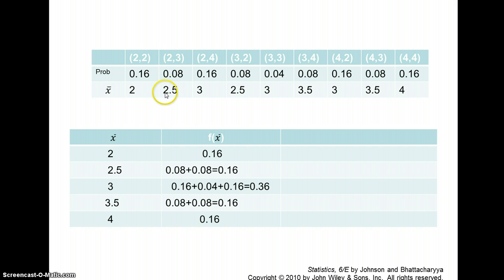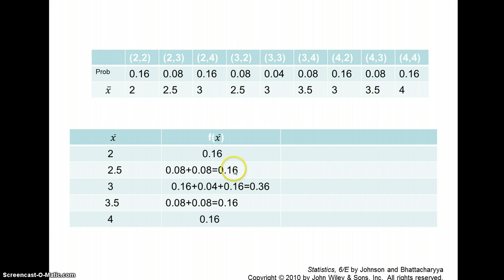How do we get this average 2.5? When we draw a number 2 and a 3, the probability of getting a 2 at the first time and a 3 at the second time is 8%. And how do we get another 2.5? Also, you may draw a 3 at the first time and a 2 at the second time. And what's the probability of getting a 3 at the first and 2 at the second? It's also 8%. But these two are two different ways, so we got to add these two. 8% chance of getting a 2, 3, and 8% chance of getting a 3, 2.